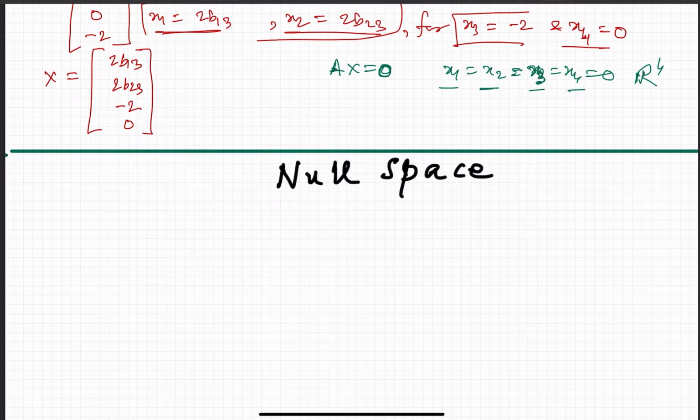For a system of equations, say this homogeneous equation Ax is equal to 0, the null space of A, denoted by N(A), is the solution of x.